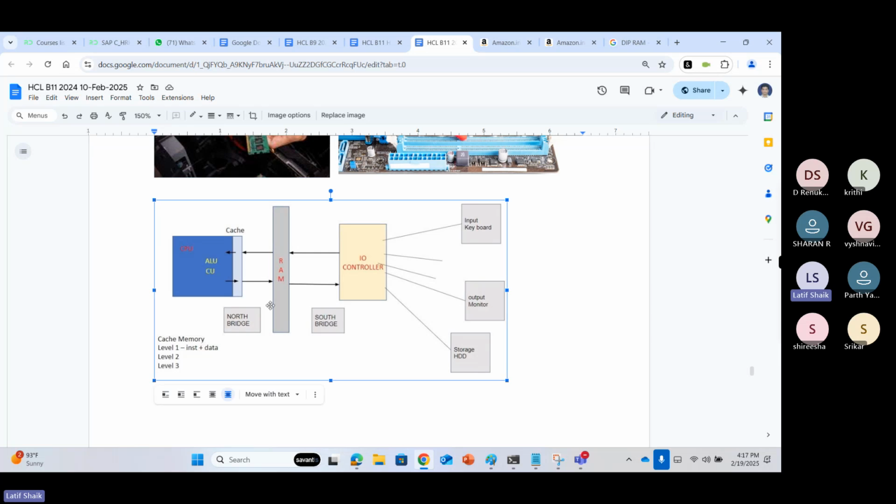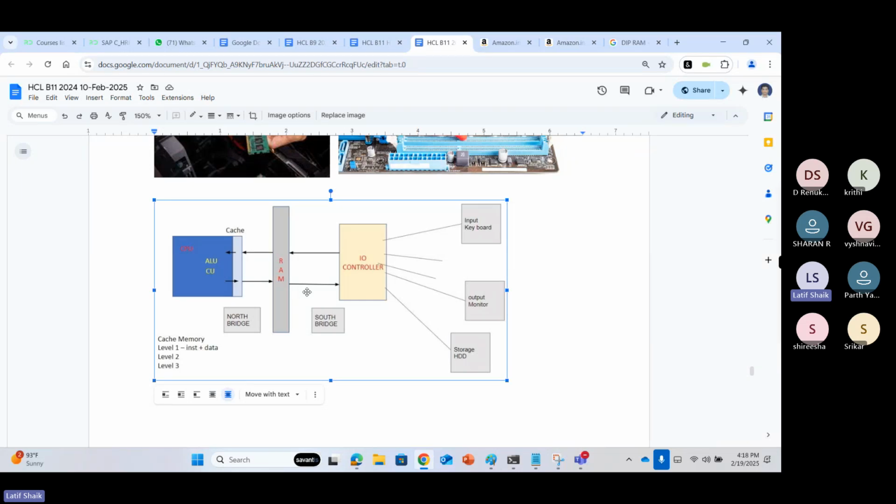Okay, this is the diagram I already showed you: CPU, RAM, I/O controllers. The I/O controller maintains your I/O devices like keyboard, mouse, pointer devices, hard disk, monitors, network devices, all these devices. Each device has some I/O memory addressing.